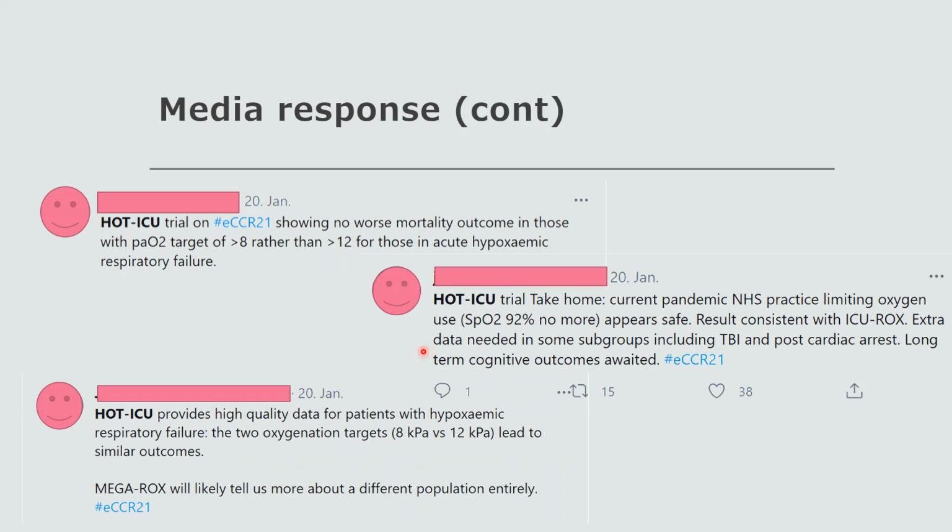Another saying, take-home message, current pandemic NIH practice limiting oxygen use appears safe, results consistent with ICU ROCs, extra data needed on some subgroups. And the last one, so provides high quality data for patients with respiratory failure, and the two oxygenation targets lead to similar outcomes. So after reading or listening to this, would you agree?